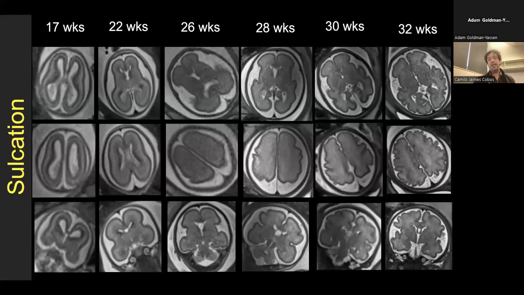So I wanted to show you that now in 2 dimensions and emphasize a few things. The first take-home point of this slide is to beat down a little bit of the skepticism. I am a believer in 3T. I think it is a little more challenging than imaging at 1.5T, but I want to convince you that if you do things right, you can actually get really good images throughout the entirety of gestation on 3T magnets.